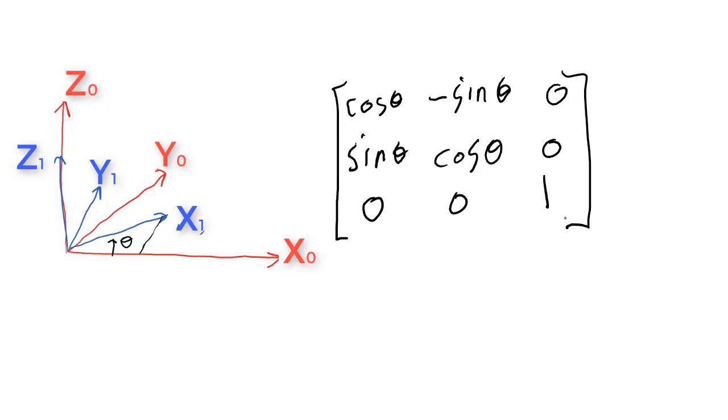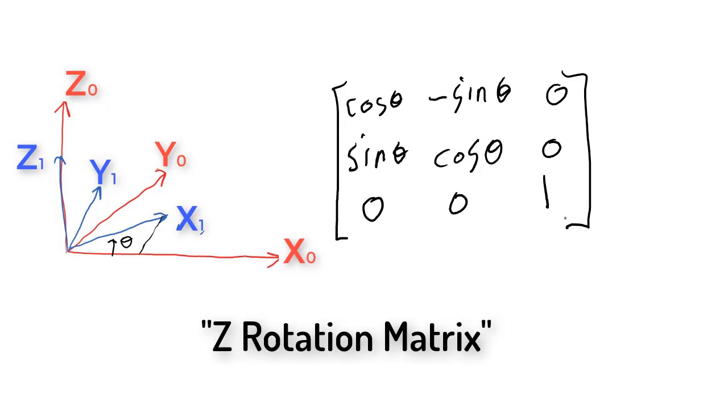This matrix that we derived here is known as the z rotation matrix. As long as we're rotating around the z-axis, this matrix will tell us all of the projections for any angle theta rotated around z. Now that we've derived this matrix, we don't need to derive it again every time we have a rotation around z. We can just plug in the angle theta that we've rotated and get all of the right numbers.